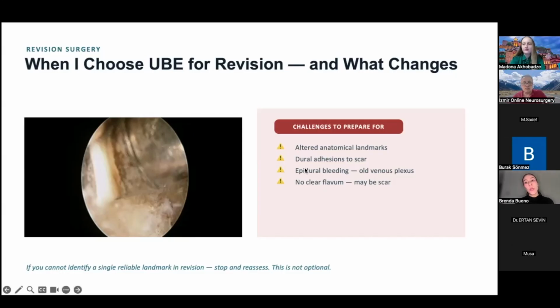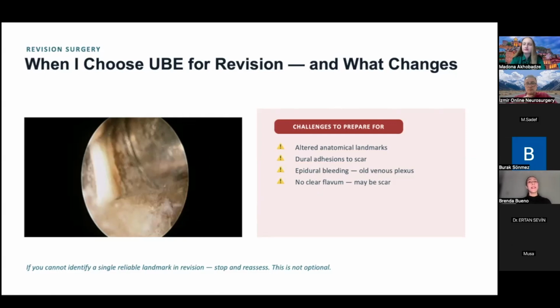And sometimes you have adhesions to the dura. You must be careful here because in revision cases, dural tears are more frequent. Of course, there is a lot of epidural bleeding, and sometimes you don't have the flavum, so you need to be prepared for that. But something I like about UBE is you have free movement.